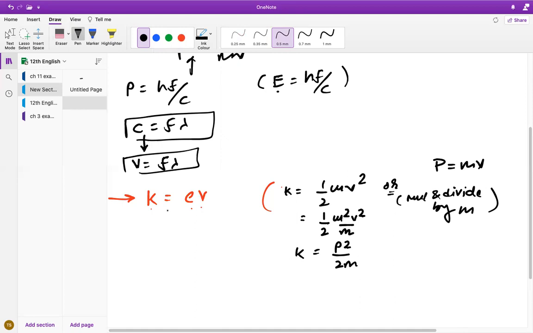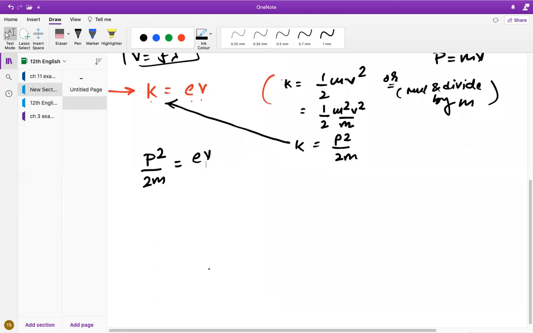Okay, so I am just putting this value of K compared with the electron volt. So P square divided by 2m equals EV. So my P is equivalent to under root of twice times mEV.